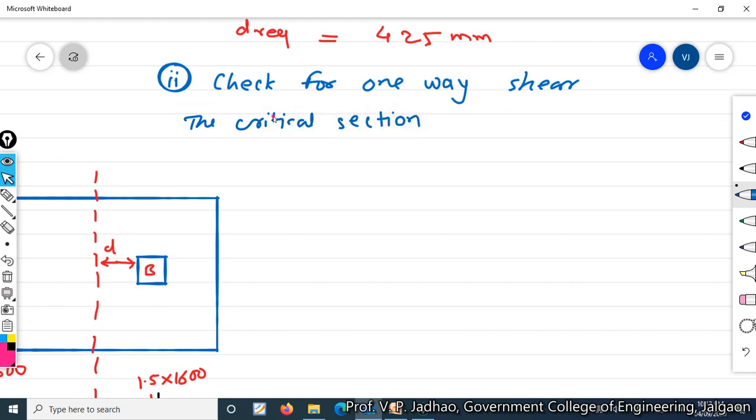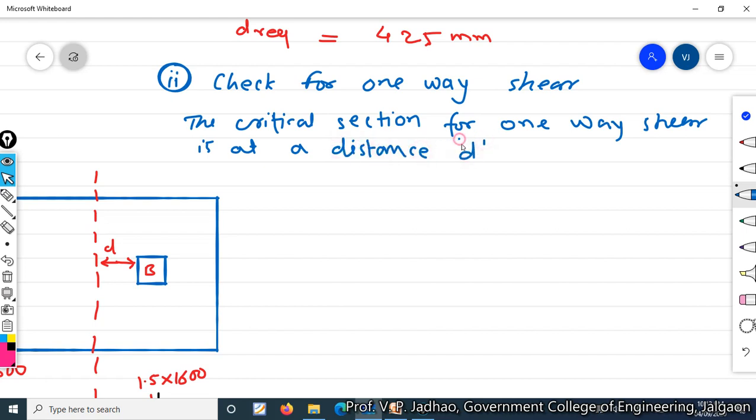The critical section for one way shear is at a distance small d from the face of our column, where small d is the required depth.